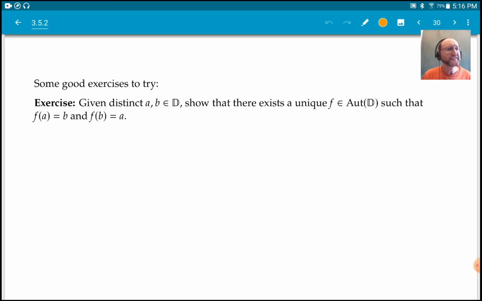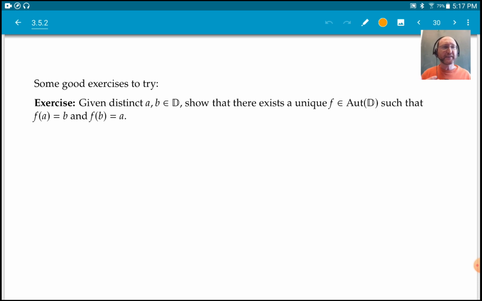All right, so there are some useful exercises to try. One is a fairly simple exercise that tells you something about the automorphism group. You can take any point to any other point, but you can also swap two points.